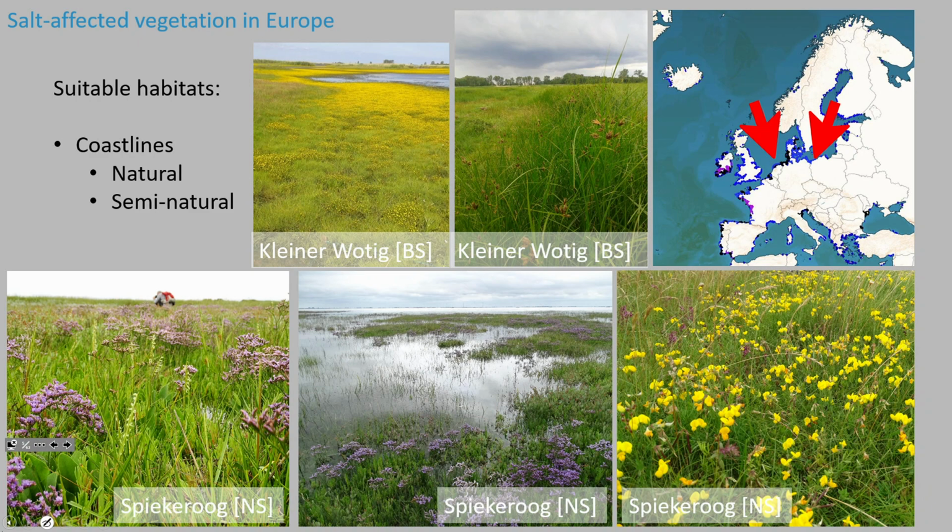So we find glycophytes, which I sometimes call associated species, because they mostly grow in freshwater conditions, but they can deal with low amounts of salts as well. And we still have some halophytes in this picture, like Lotus tenuis, for example.